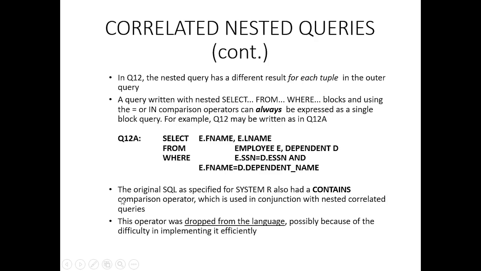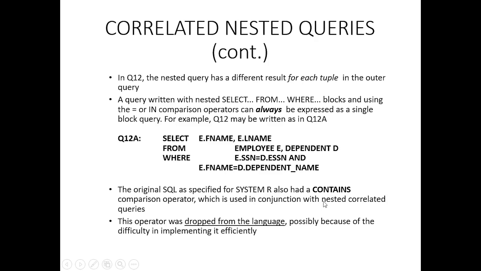And when we talk about the original SQL, it had another operator known as the contains comparison operator, which is used in conjunction with nested correlated queries. This operator was dropped from the language, possibly because of the difficulty in implementing it efficiently.